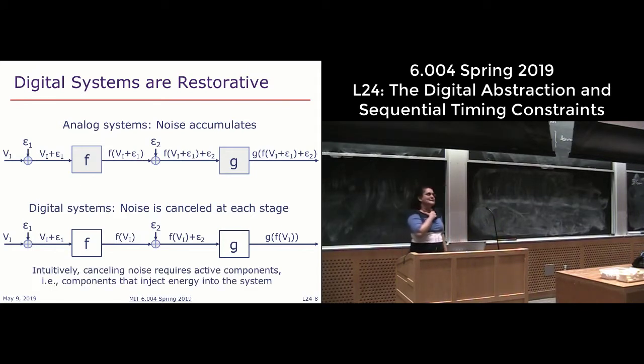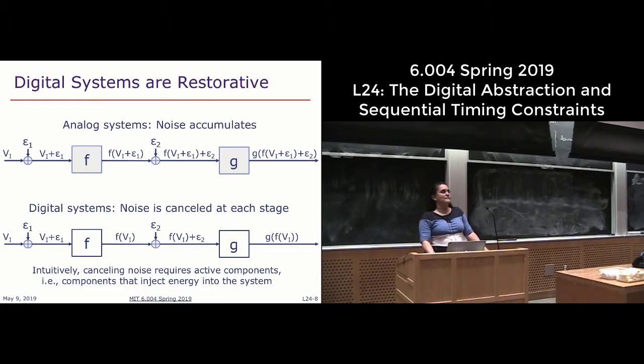So now let's ask ourselves a question of, what do our circuits need to be made up of in order to be able to support this property? Basically, the fact that we need to be able to cancel this noise means that our circuit elements have to be what we call active, meaning they have the ability of injecting energy into the system.